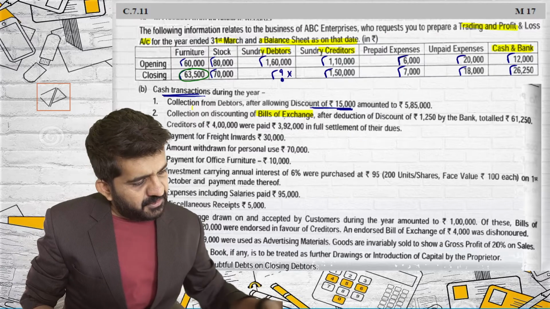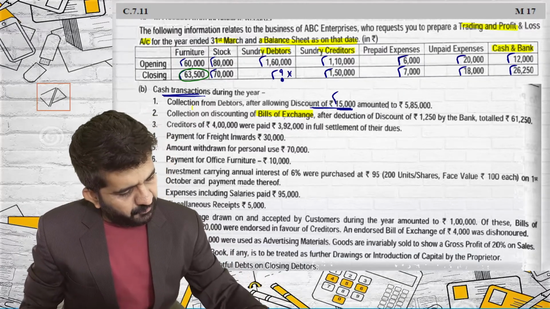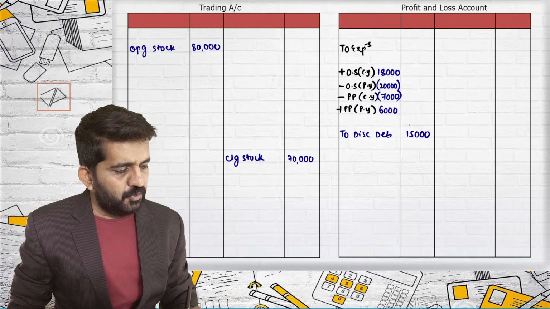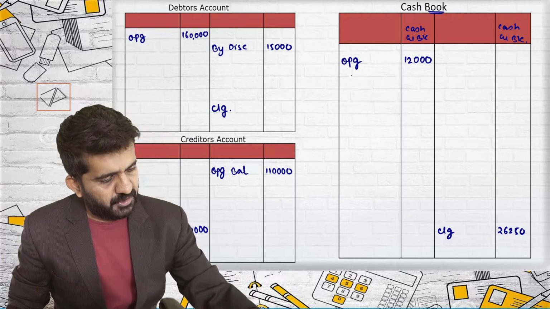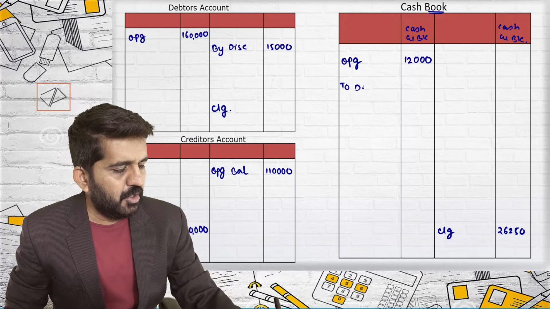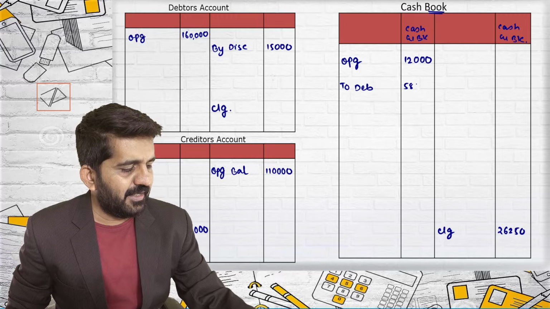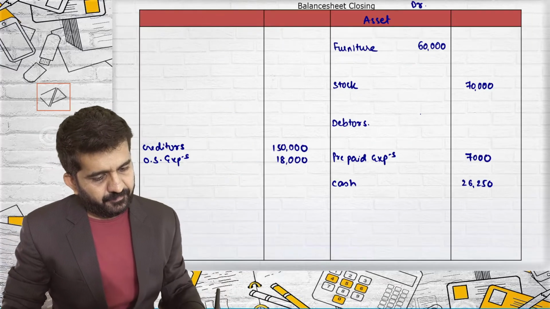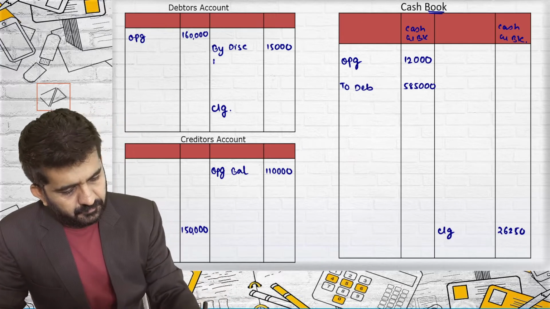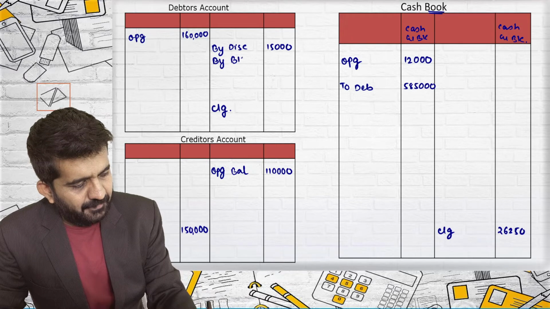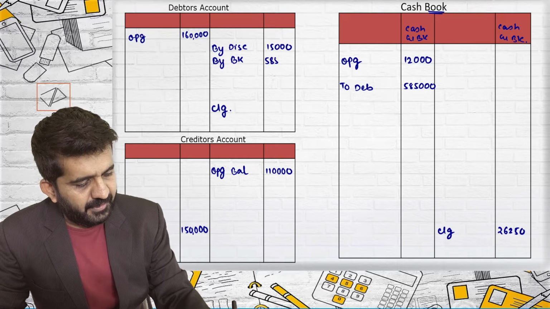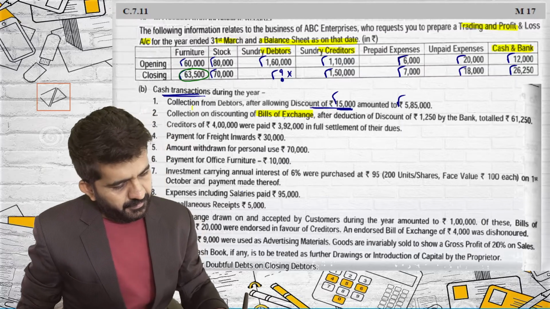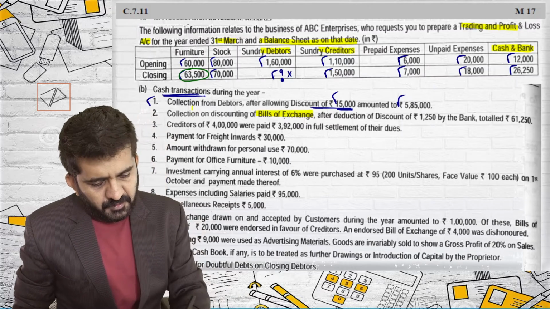Received from debtors 5,85,000, again we need to give two effects. Cash and bank account debit, debtors account credit by bank 5,85,000. I have completed this first.